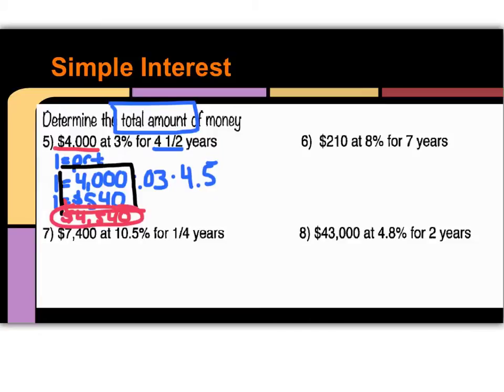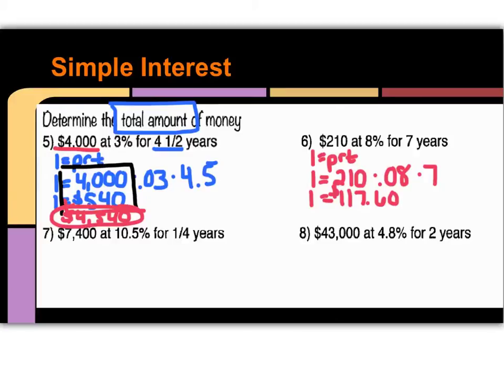Now try the other 3. Be careful on your time, and then play it to see if you are correct. For number 6, it should be I equals PRT, $210 times 0.08 times 7, which gives you $117.60.